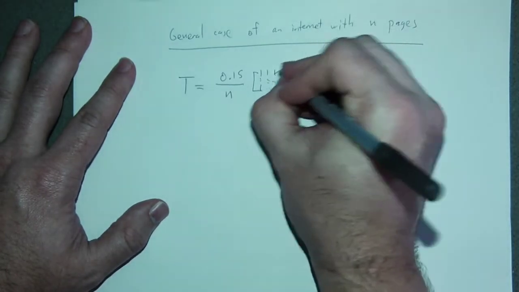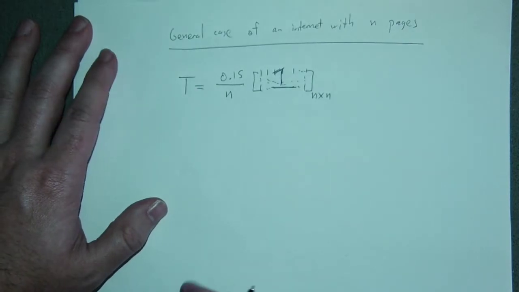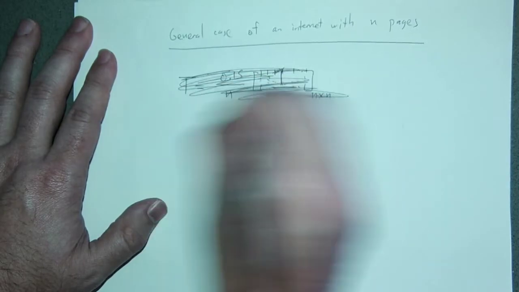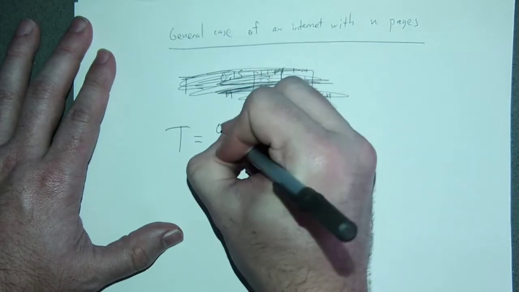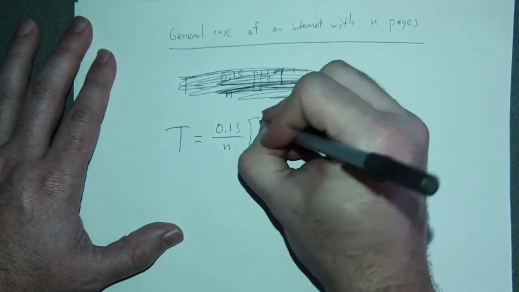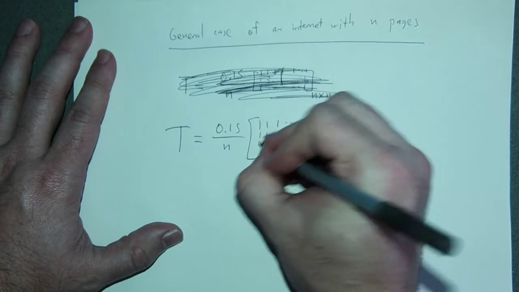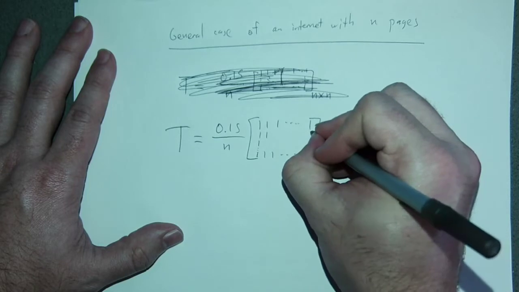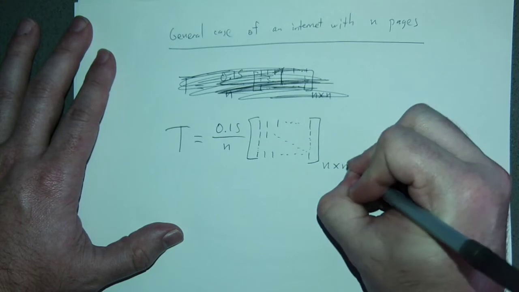If you like, I can just write a big 1 here. If I write that, maybe you think it's more like the identity matrix. So let's not do that. So maybe I'll make this prettier here. So our transition matrix T is 0.15 over n times a matrix that looks something like this. So this is an n by n matrix.